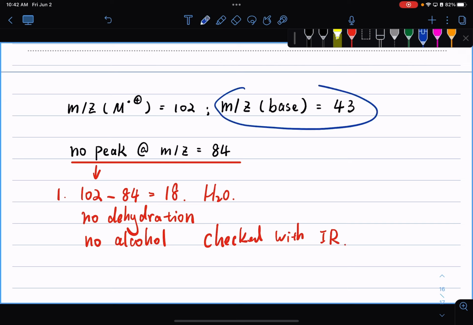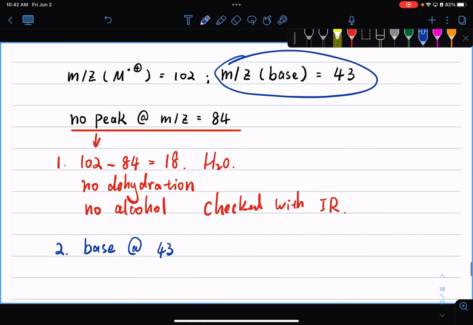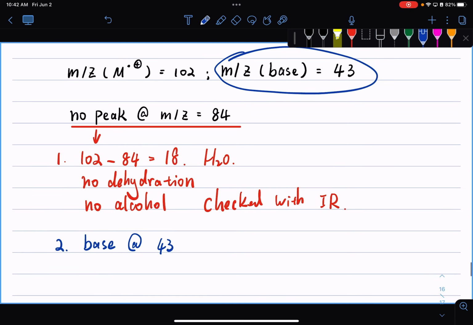Now, the second piece of information is coming from this 43. So 43 or 15, these are numbers that, after looking at multiple mass spectra, you'll get an idea of. In this 43, this one is 12 times 3 plus 7, or 36 plus 7.